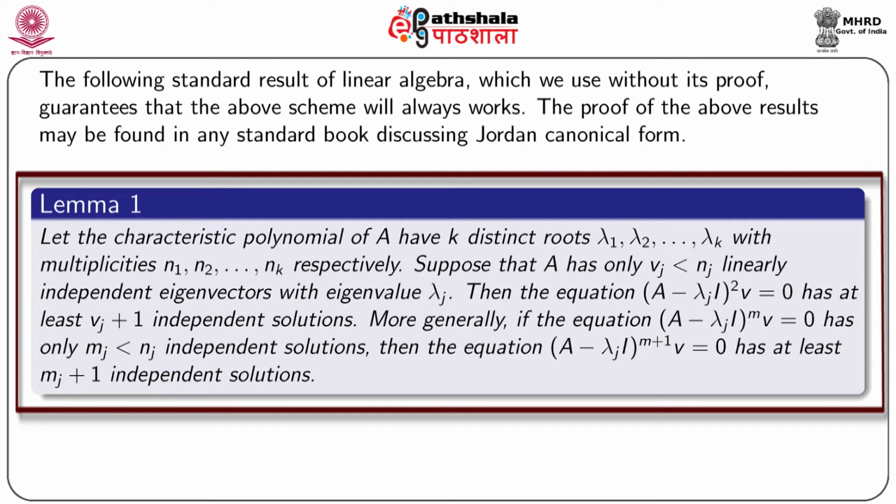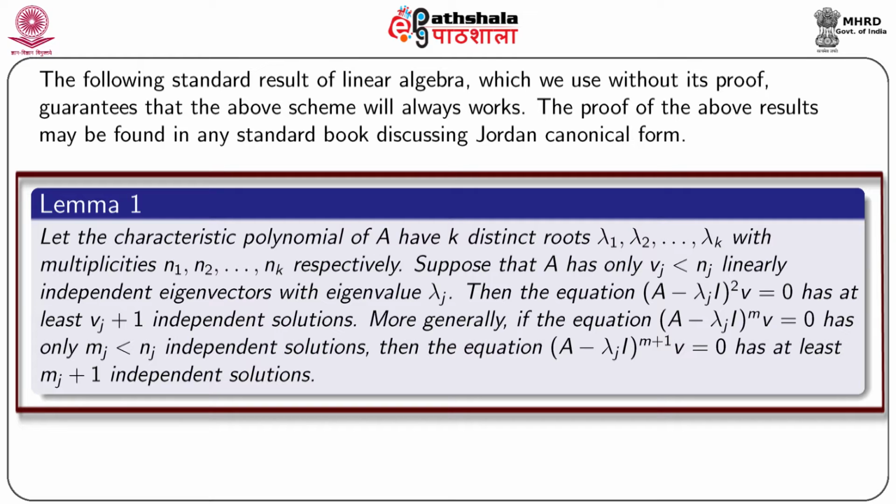Suppose A has only vj, which is less than nj, linearly independent eigenvectors with eigenvalue lambda j. Then the equation (A minus lambda j I) square v equal to 0 has at least vj plus 1 independent solutions.